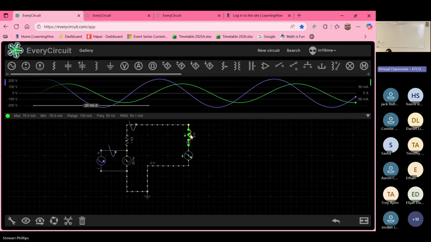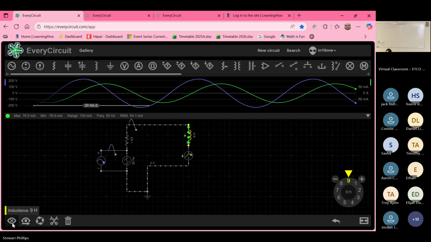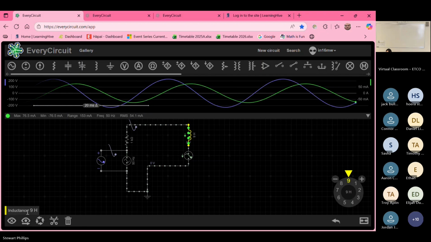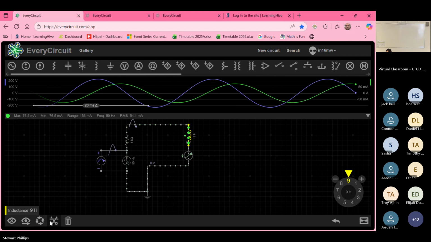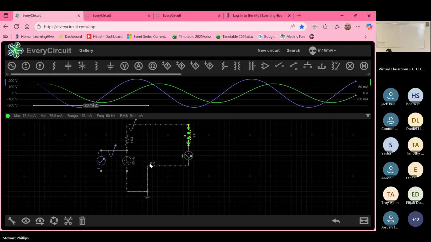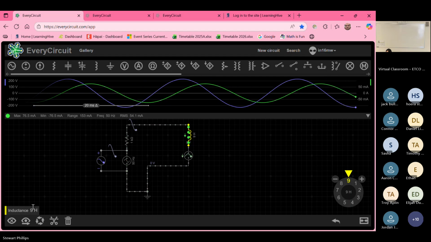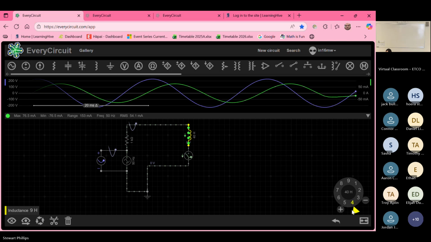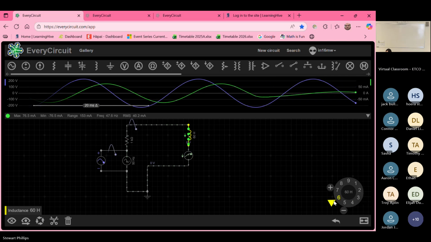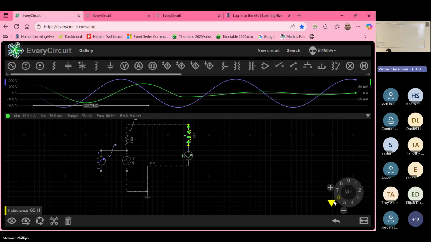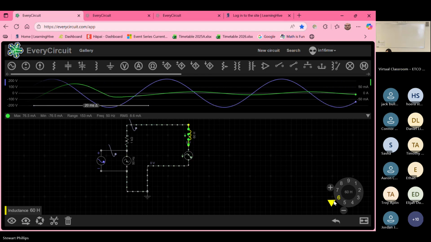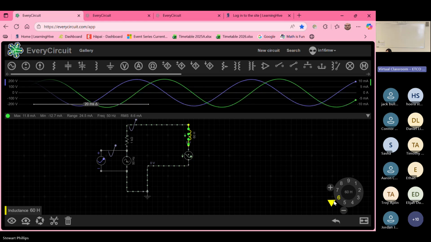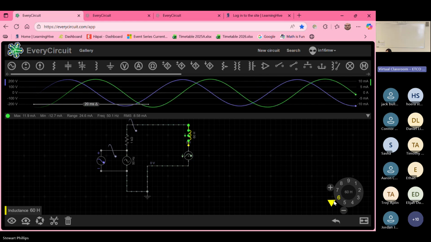So if I were to take this inductor, and I was to increase the amount of henries, so you can see there I've increased the inductiveness, and so the AC waveform went down a little bit.